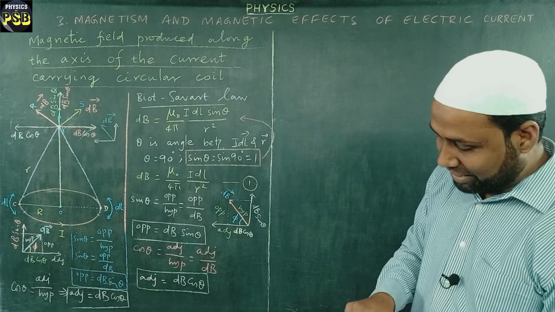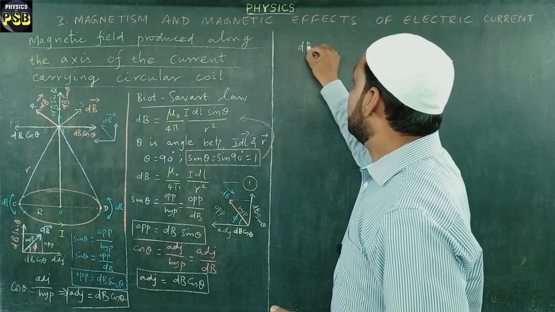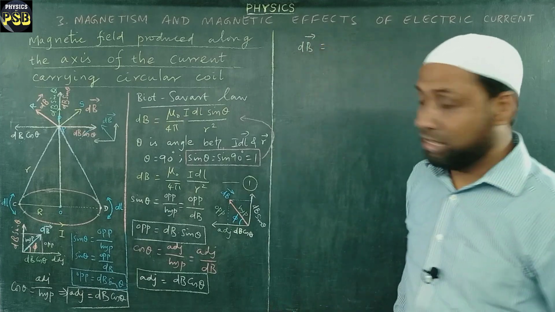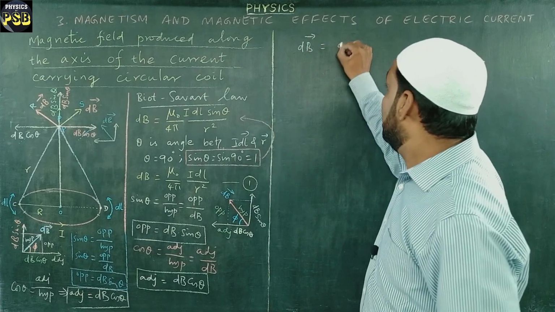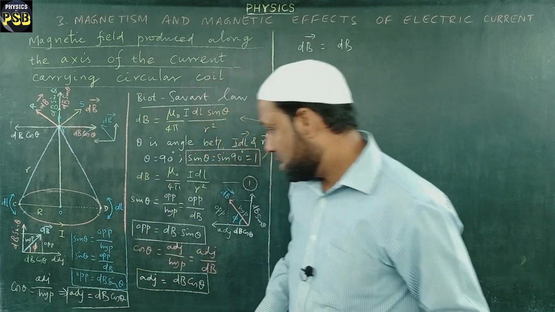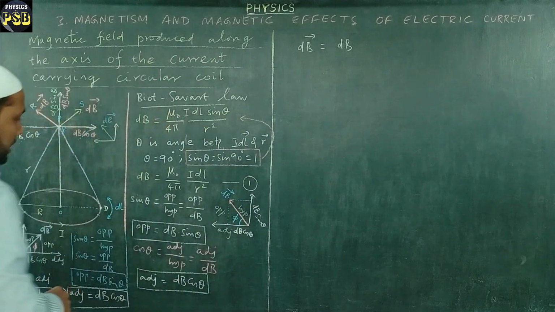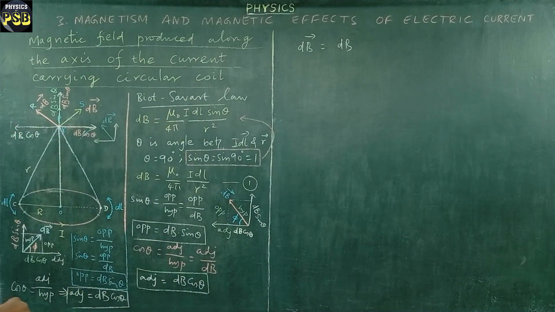So I can say that from here the dB vector is equal to dB sine of an angle. Oh, here I have made a mistake. The angle is taken as 5.